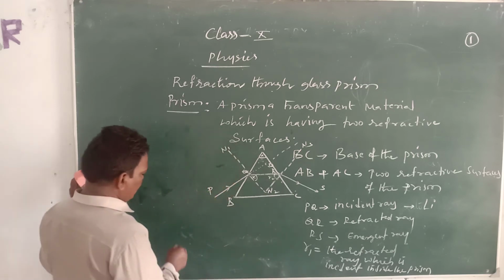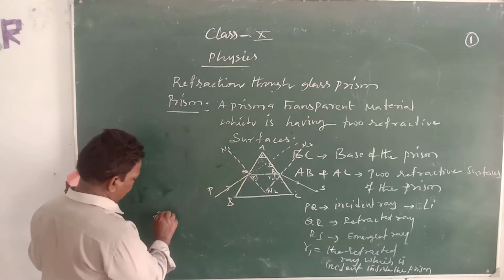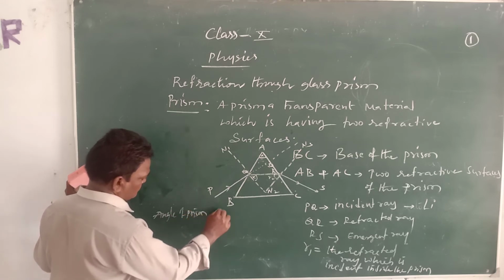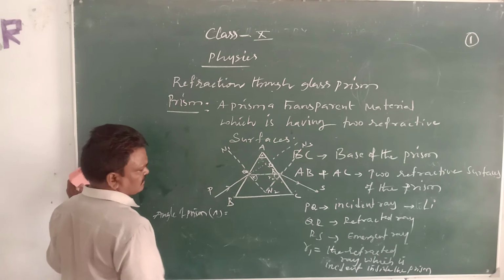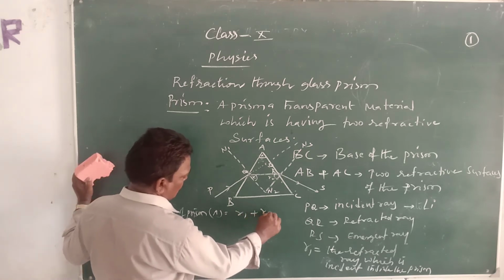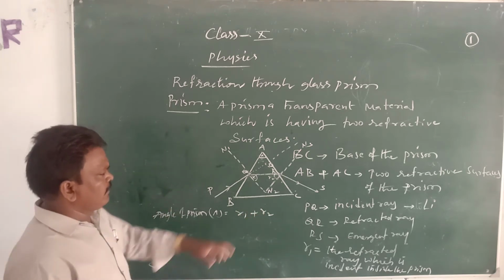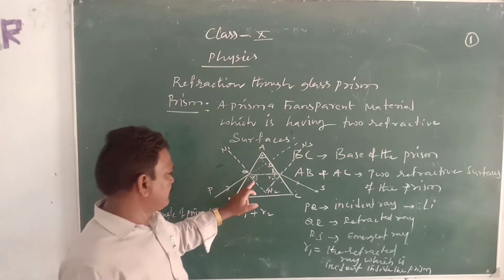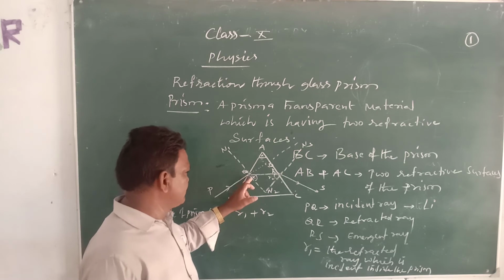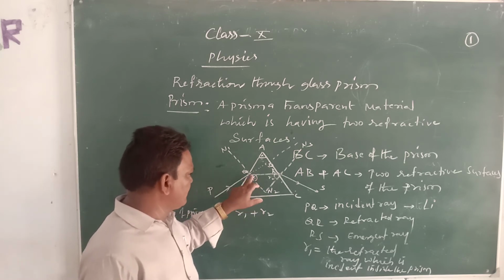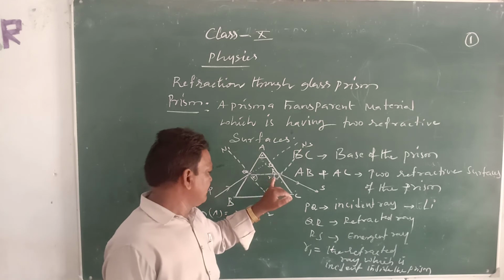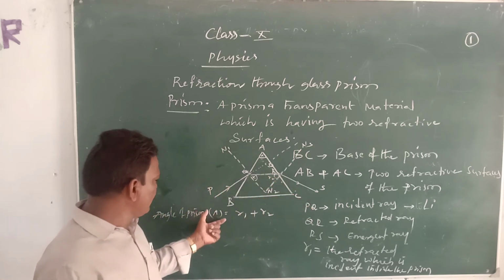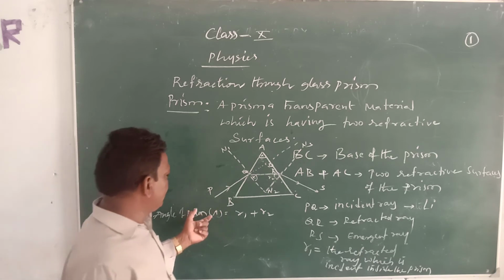So angle of prism A is equal to R1 plus R2. The angle of the refracted ray inside the prism and the angle of the refracted ray outside the prism, both together give the angle of the prism.